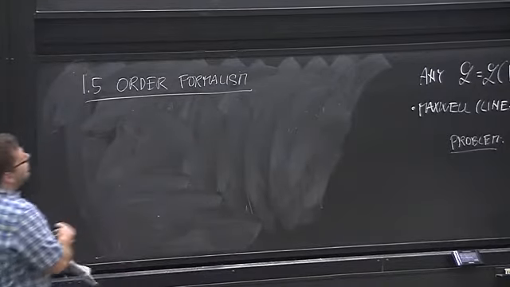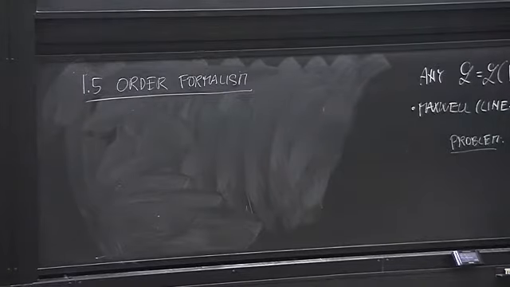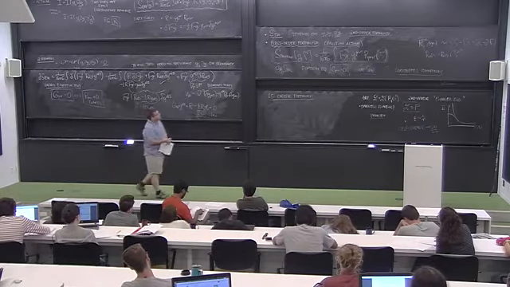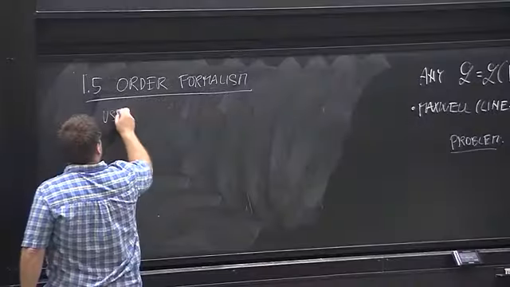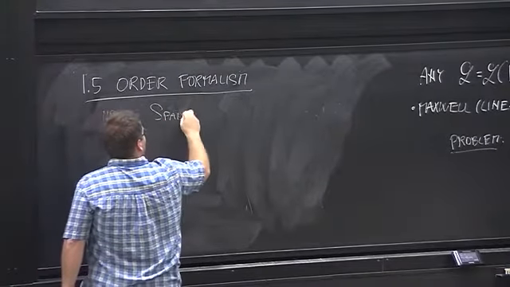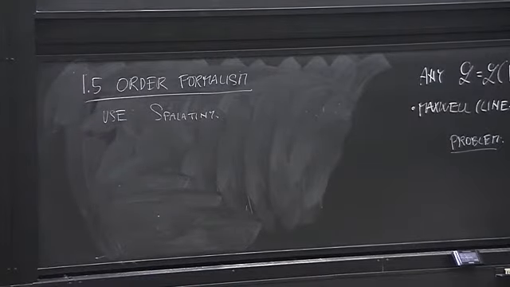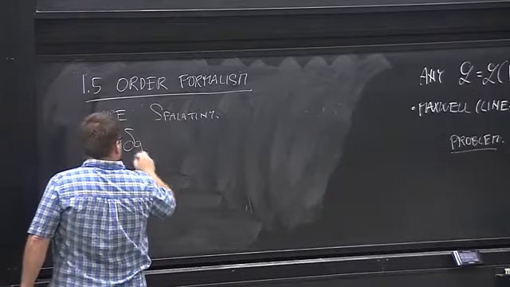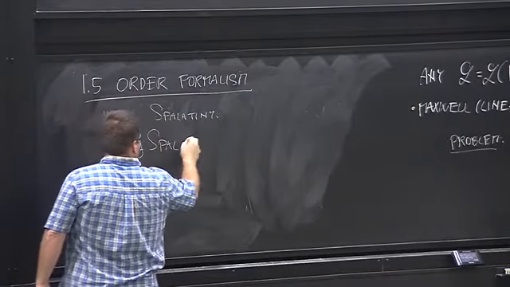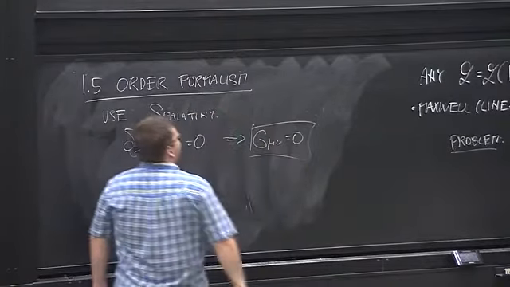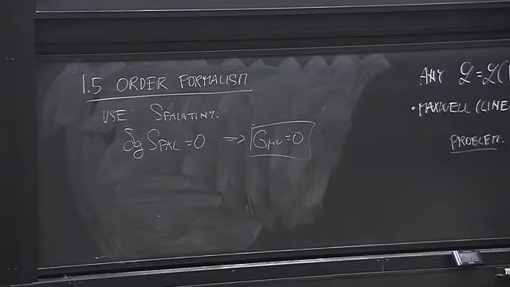So that idea is that, well, I use the Palatini action, which depends on g and gamma. But I know that all I have to do to get the Einstein equations is just to vary that with respect to the metric. S Palatini equals to 0 gives me G mu nu equals to 0. And then everybody knows that if I vary with respect to the connection, I get the Christoffel connection.